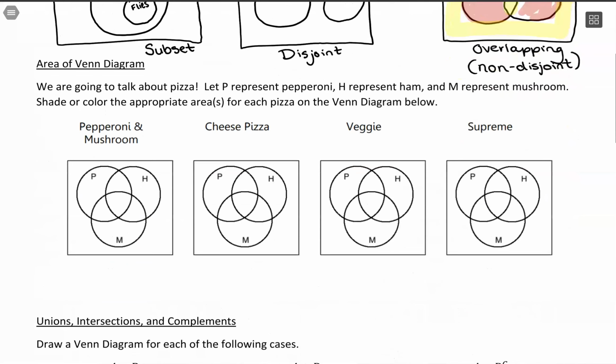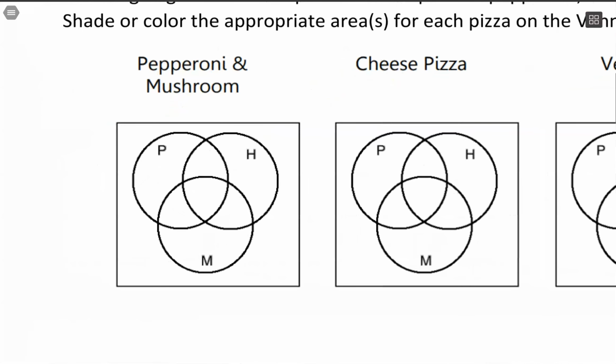So here we're going to have these 3 types of pizza: pepperoni pizza, ham pizza, mushroom pizza. But something to keep in mind is that we can have these areas of both. So in the middle here, that area would represent pizzas that have pepperoni and ham and mushroom. All 3 of them are in that area there.